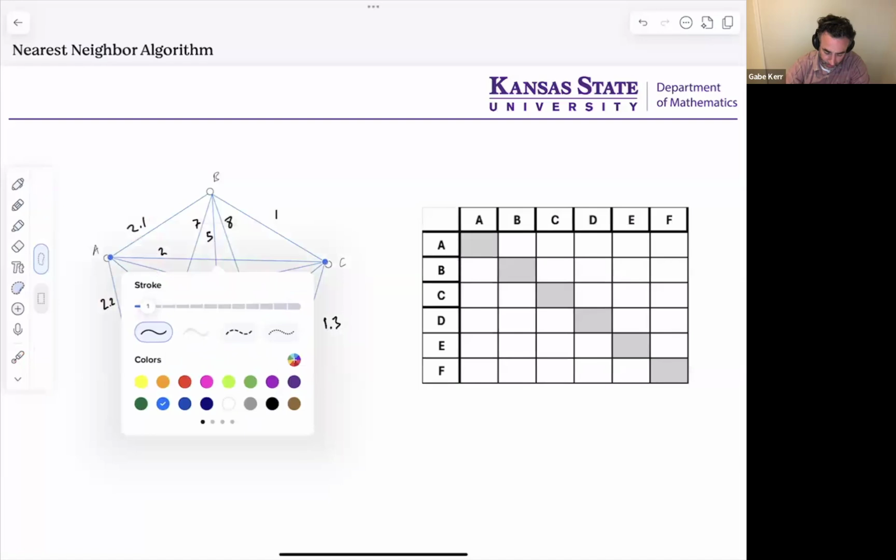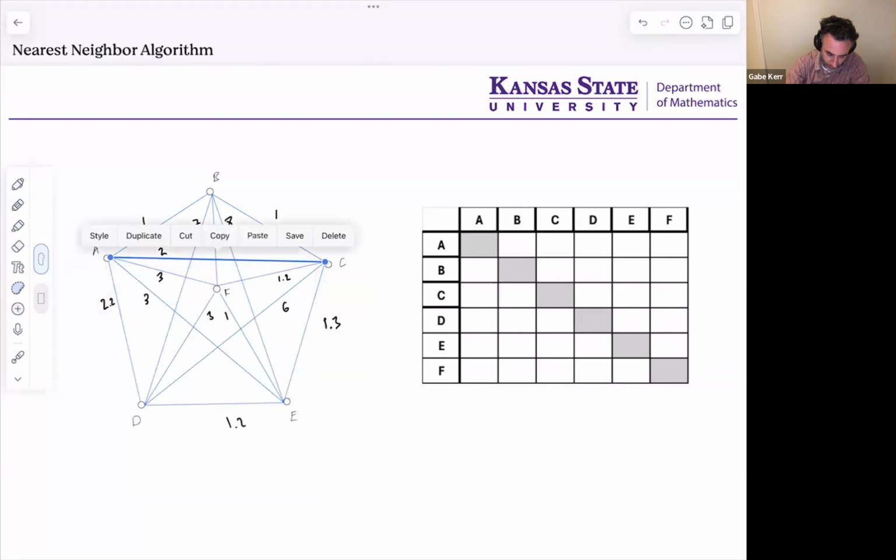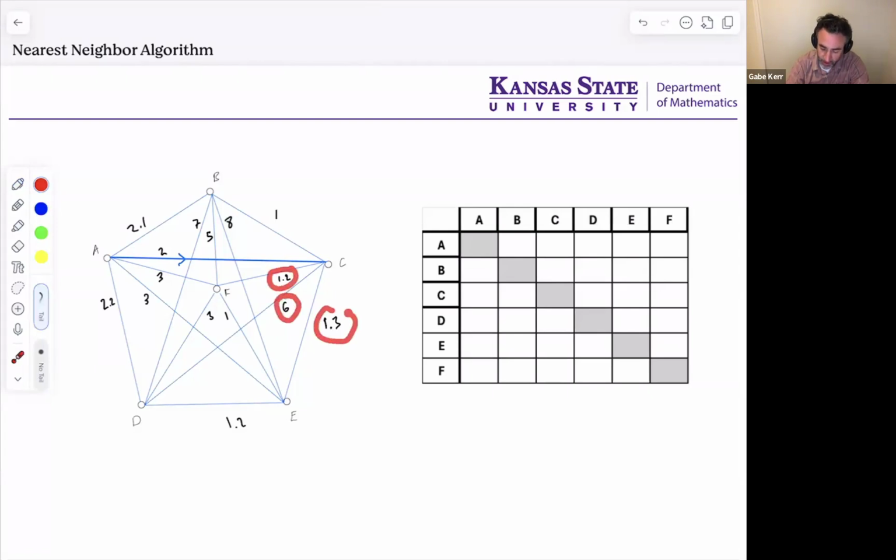We'll make it bold, and we will follow this edge. Okay, now we've gotten to the next point, C. And we do the same thing, except now we only look at those outgoing edges that are incident to vertices that we have not already visited, unless we're at our last vertex.